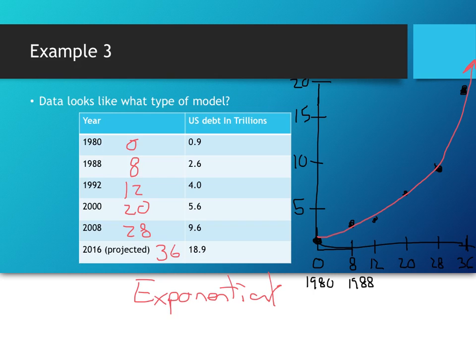All right. So anyways, what we're going to do is come up with a function, and just like I said before, this is an exponential regression type, so it's an exponential function that you're going to be given out.